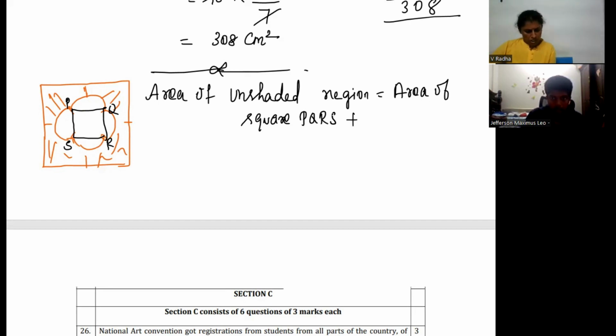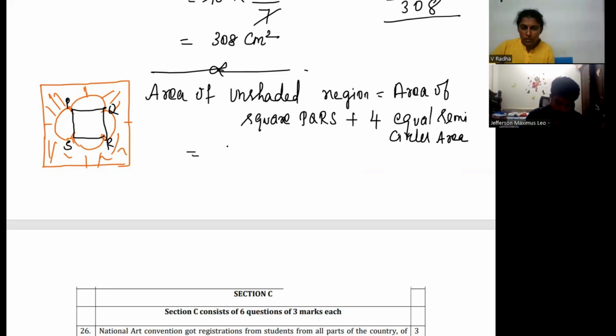Area of PQRS plus 4 times the equal semicircles' area. We can simplify it, or just leave it like that. 16 plus some terms of pi.